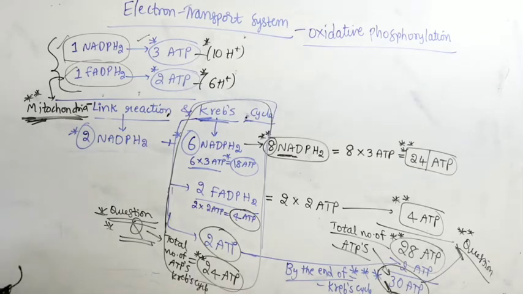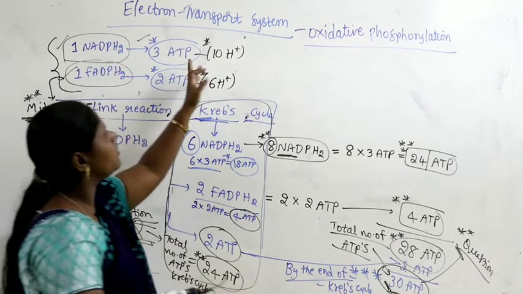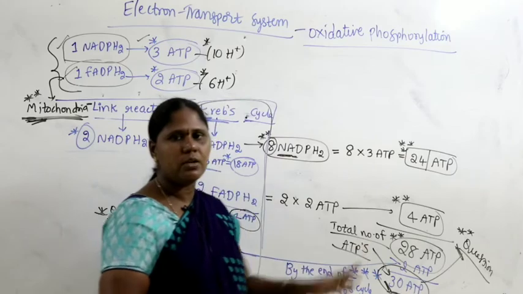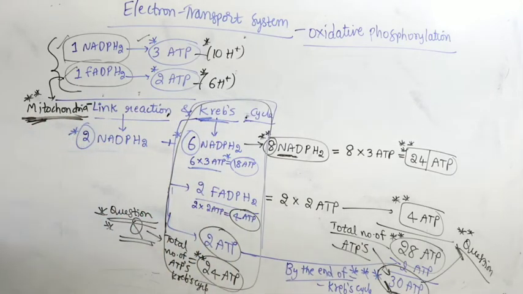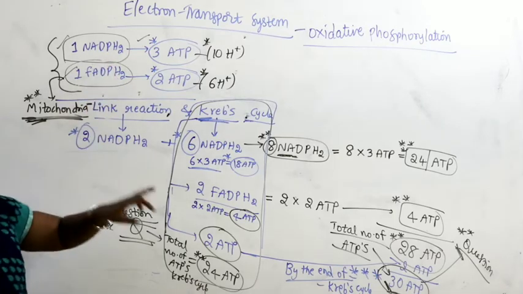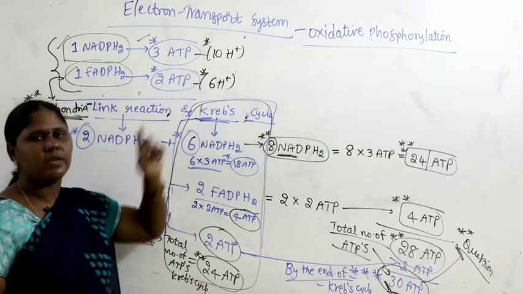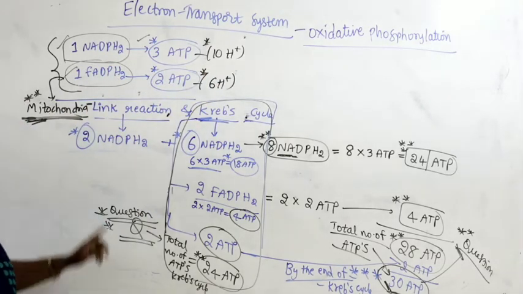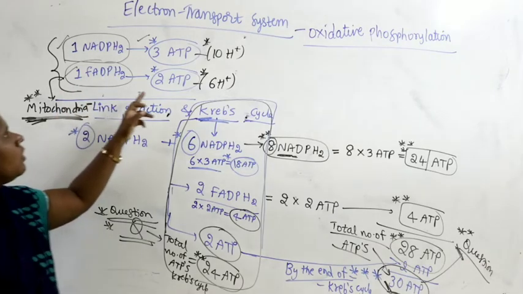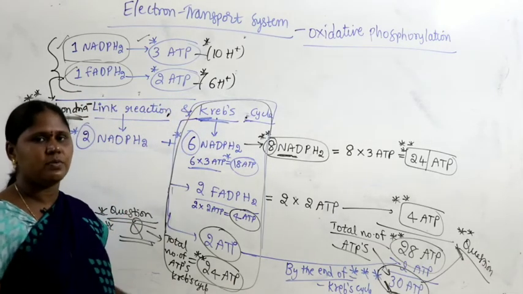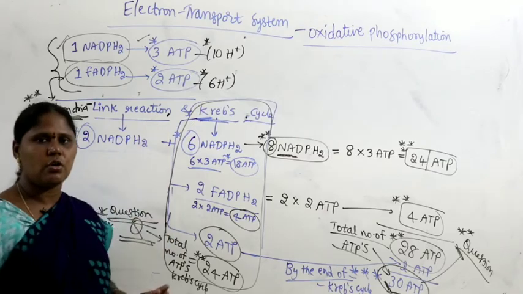In mitochondria, what is happening is the electron transport system, that is oxidative phosphorylation. So here one NADH2 contributes 3 ATP because we get the count of 10 protons. One FADH2 contributes 2 ATP because we get the count of 6 protons.